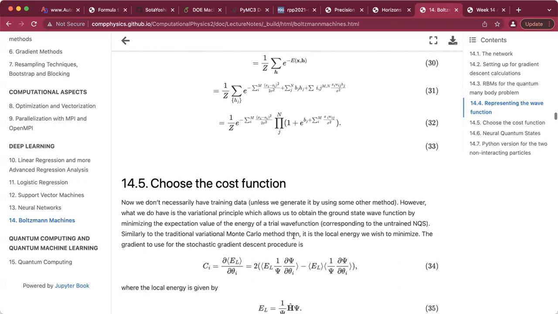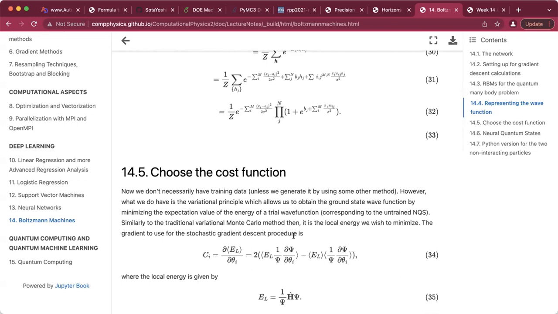Now, then you need to choose the cost function. In a neural network or in any machine learning method, you need to find a way by which you can optimize your model, and your model is given by either a neural network or any other of the machine learning algorithms. So the neural network or the Boltzmann machine is our model.